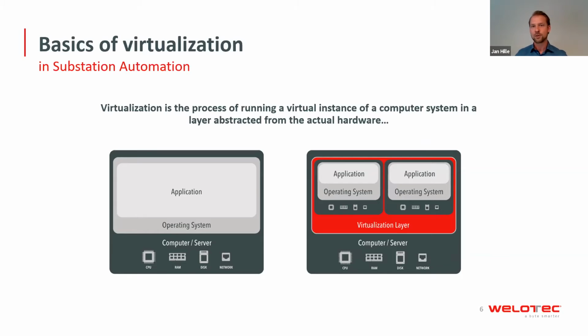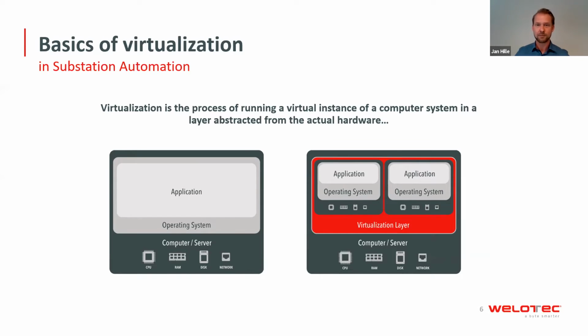And on top of that, you can install again your applications. The handling is pretty much the same as a classical computer system. And also for the outside world, these computers really look like physical computers. Systems talking to them will not know that this is not a physical computer, it's a virtual computer system.